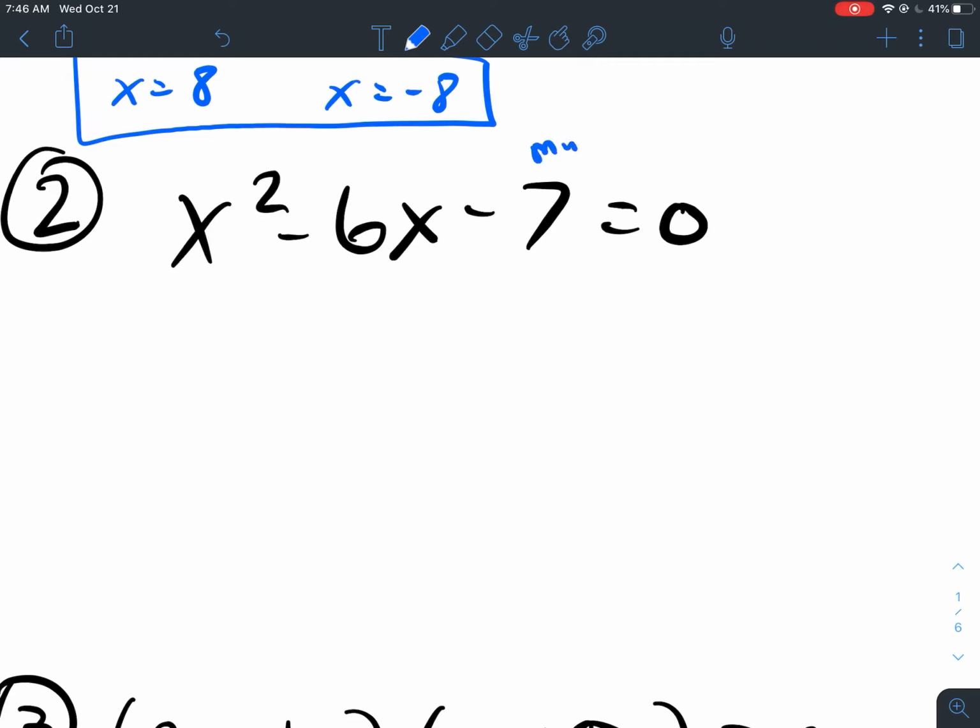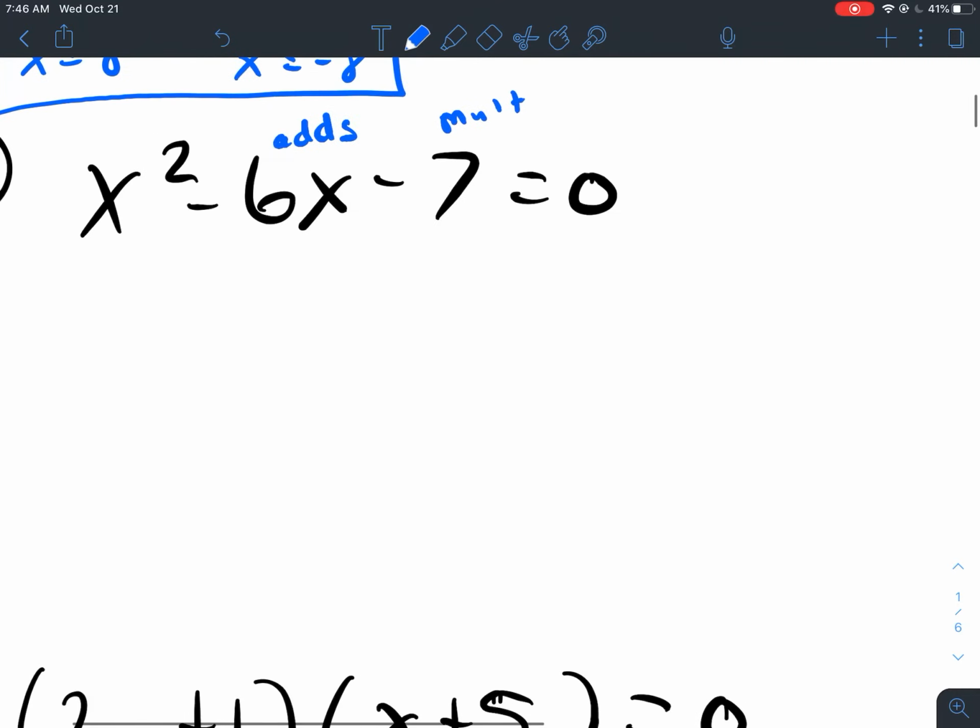I've got to figure out what multiplies to give me a negative 7 and adds to give me a negative 6. Negative 7 doesn't have that many factors. You could do positive 1 and negative 7, or you could do negative 1 and positive 7. I want these values to add to give me a negative 6, so I'm going to pick these guys.